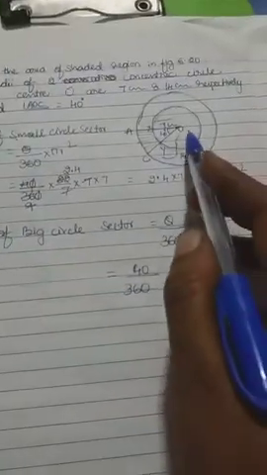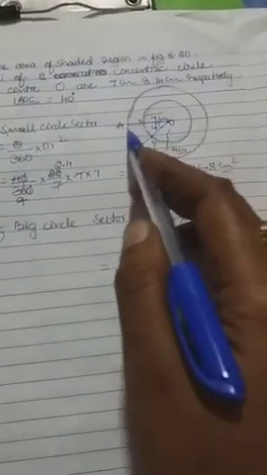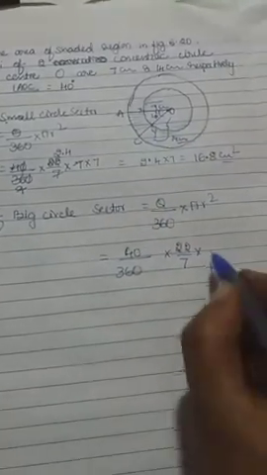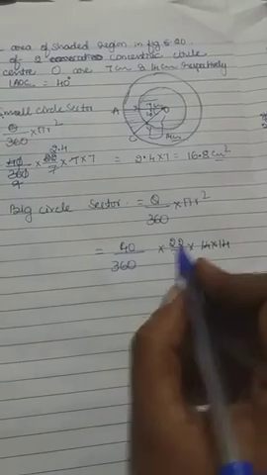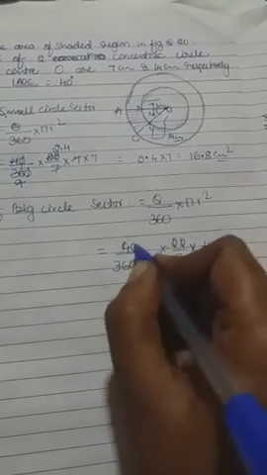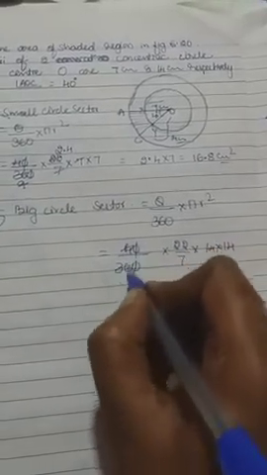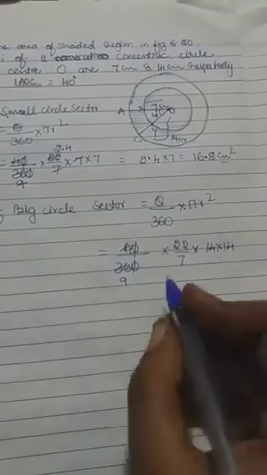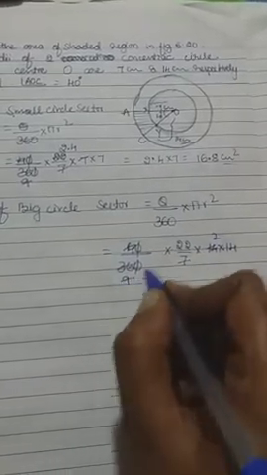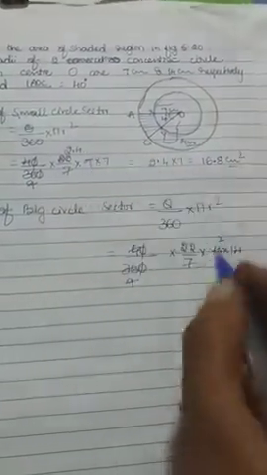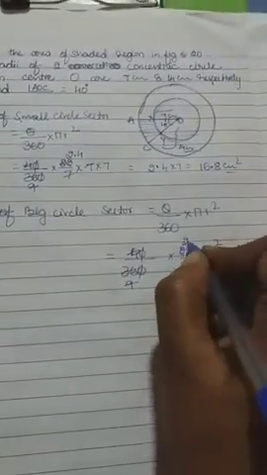Because the radius of the small circle is 7 centimeter and the radius of the big circle is 14 centimeter, so r square is 14 into 14. The 10s get cancelled, 4 ones are 4, 9s as usual, 7 ones are 7, 7 twos are 14. Again from 9 it is easy, as we already did, that is the same 2.4.